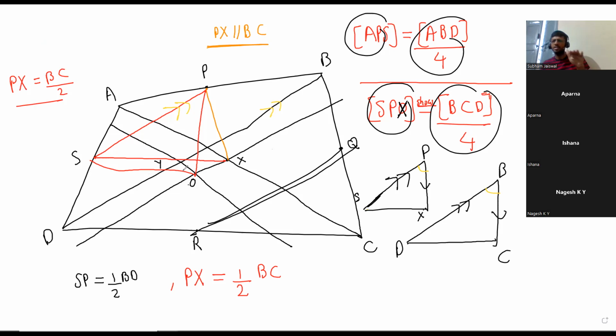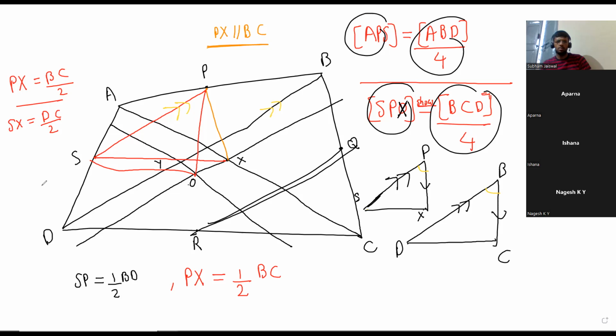Not so much, right? Maybe SX you can say. SX is half of DC, right? Can you see that? SX is half of DC.